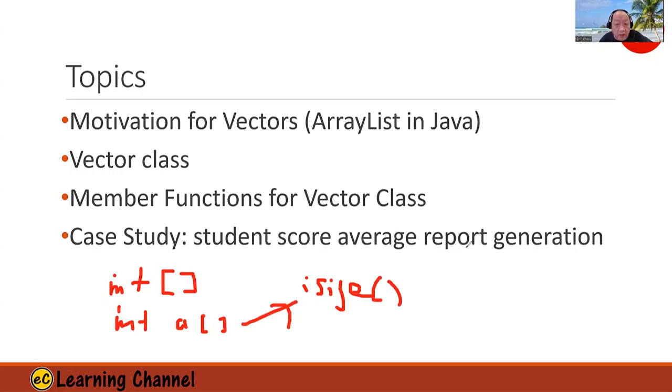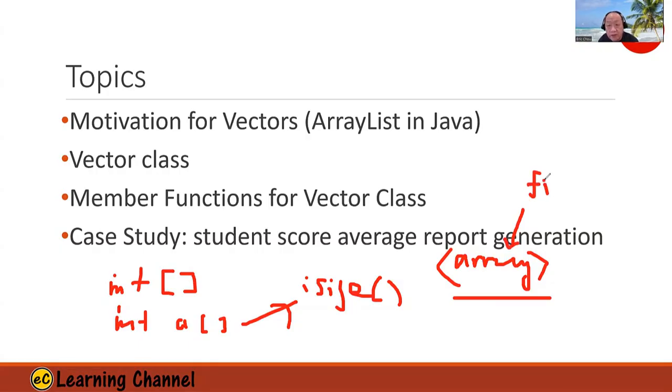Then we have the array class that we talked about last time, but this class of array is fixed size. It's not flexible size. So today we talk about the flexible size array that's called vector.